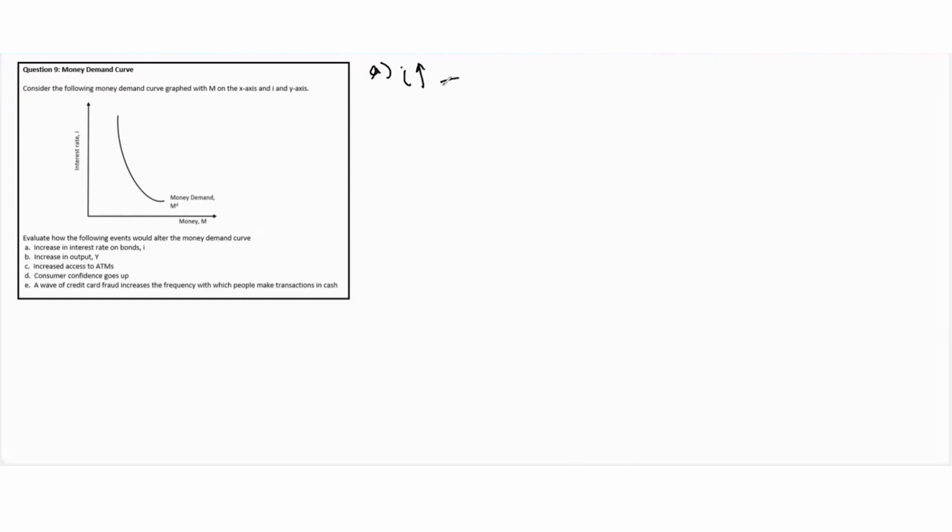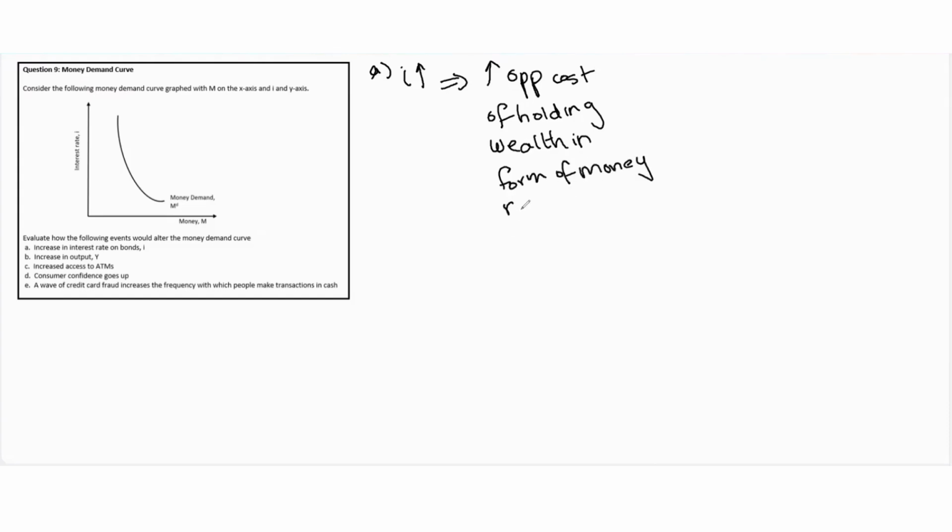Now, when the interest rate on bonds increases, this increases the opportunity cost of holding wealth in the form of money rather than interest bearing bonds, because you can either keep your wealth in the form of money or in the form of bonds, right?